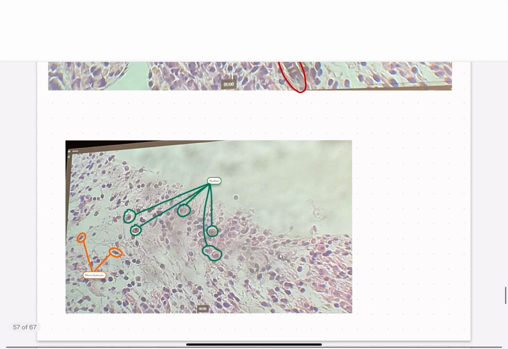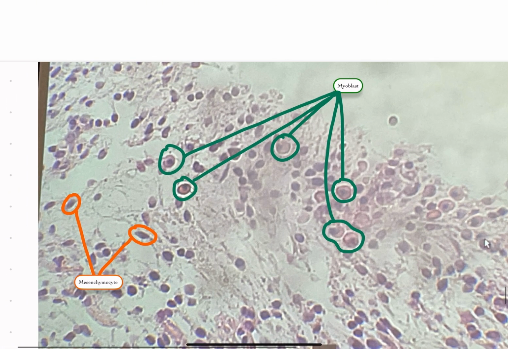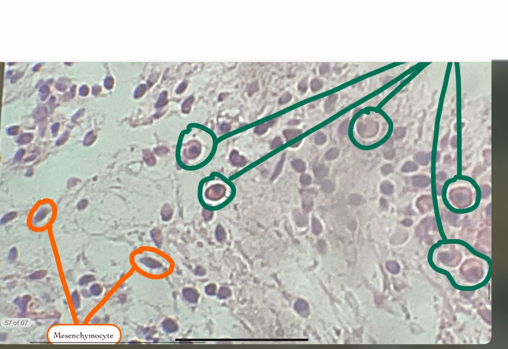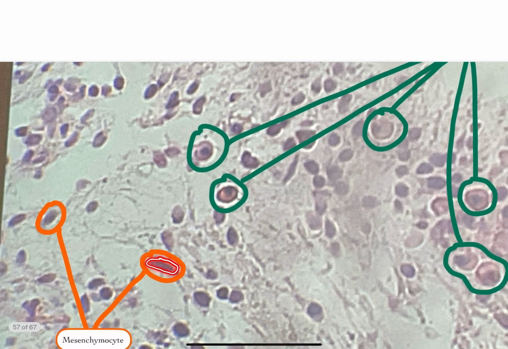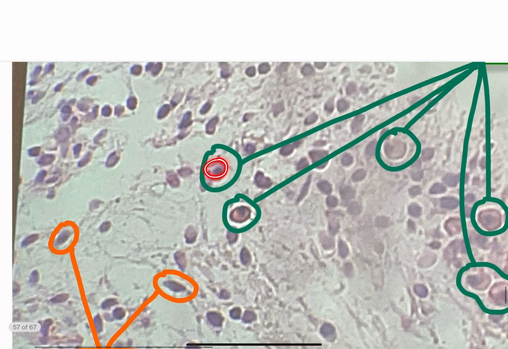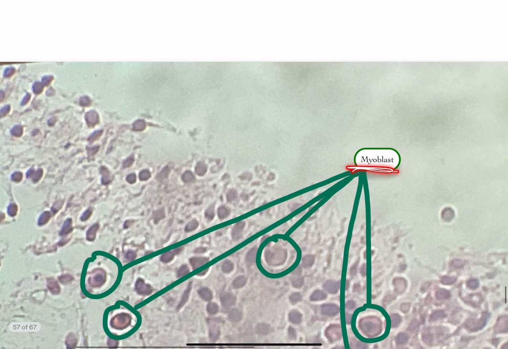You can kind of compare it with the human urethral epithelial cell and the lymphocyte from sperm cells, only here it's a little bit more difficult to see the difference. But if the professor does bring this up in your practical colloquium, they will make it very obvious which cell they're asking about. So in this case, this very much looks like a fibroblast. This does not, right? So this would be the mesenchymocyte, while this would be the myoblast.